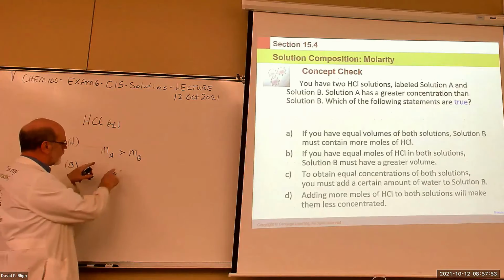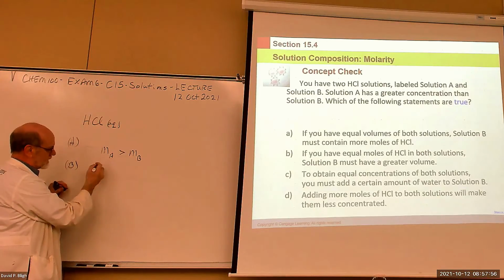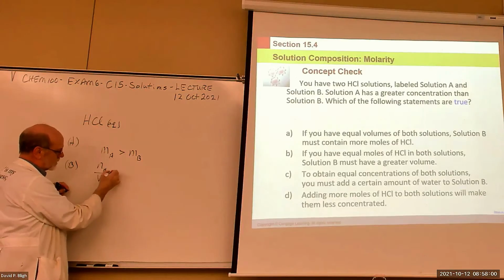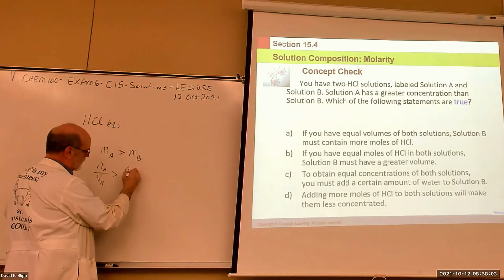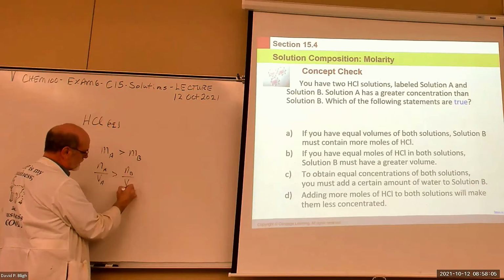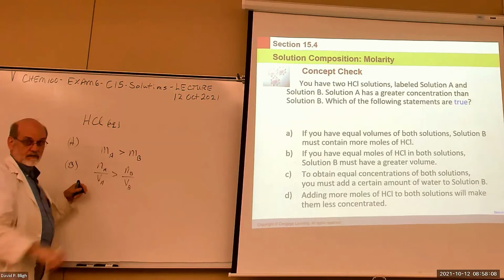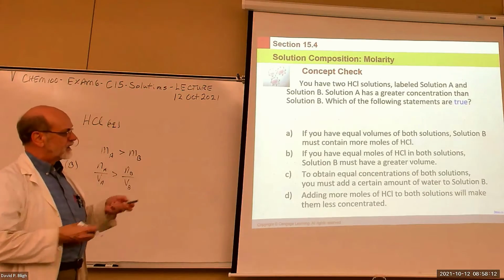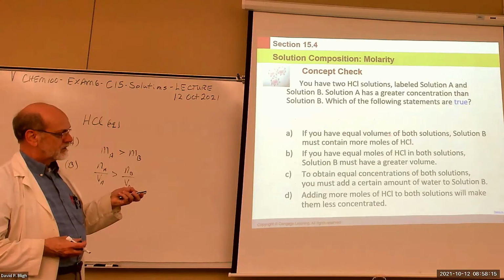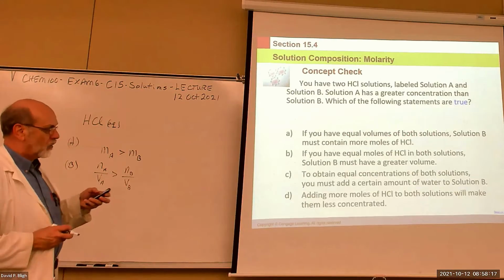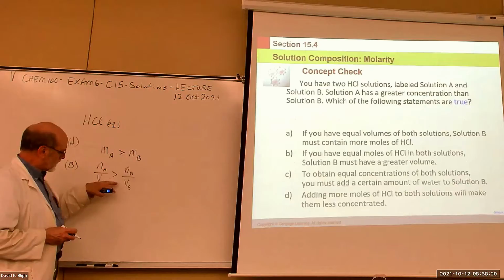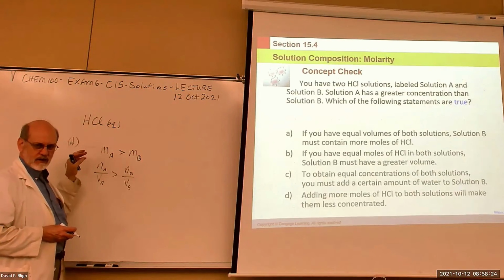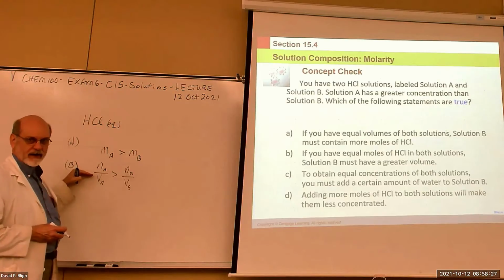Okay, if you have equal volumes, all right, so what does this one mean? This one means moles of A per volume of A is greater than moles of B per volume of B. That's just what these are equal to. Since the question is equal volumes, we need this interpreted in terms of volume, not that one. It's a little easier to answer the question if we see it this way.